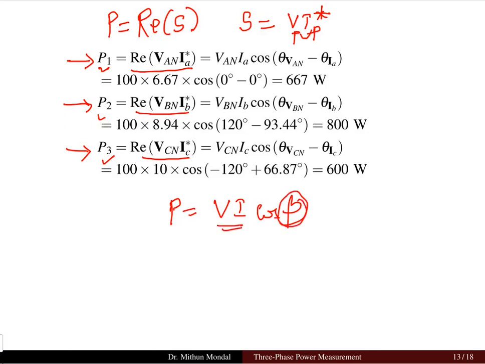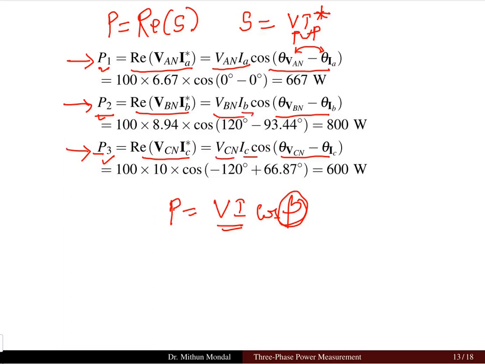So here we are using VAN, IA into cos of theta VAN minus theta IA. So this is the phase angle between the voltage and the current. Similarly, we are using the phase difference of the other voltages and currents in the corresponding phase 2 and phase 3, where the voltages are VBN and VCN, and the currents are IB and IC.